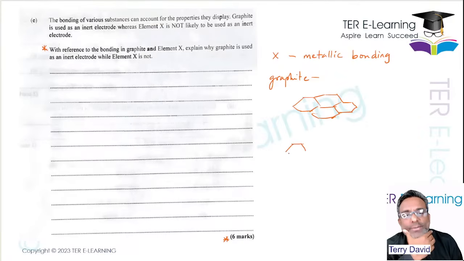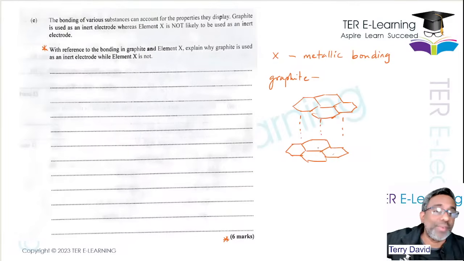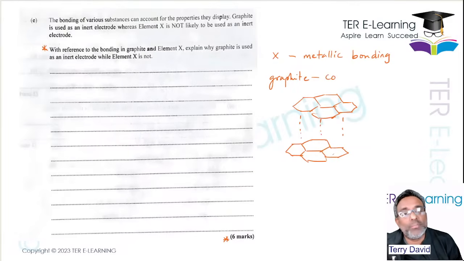They didn't ask us to draw it, I'm just showing you what graphite looks like, because they said in terms of the structure. Then we have these weak forces between the layers that we call van der Waals forces. So we have covalent bonding here basically. Covalent bonding.